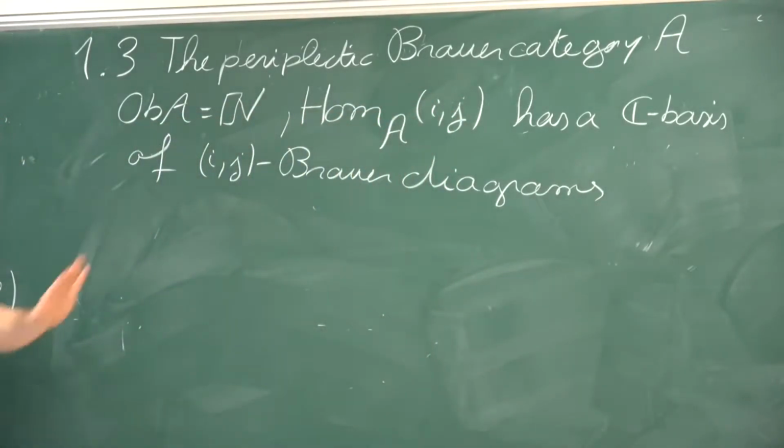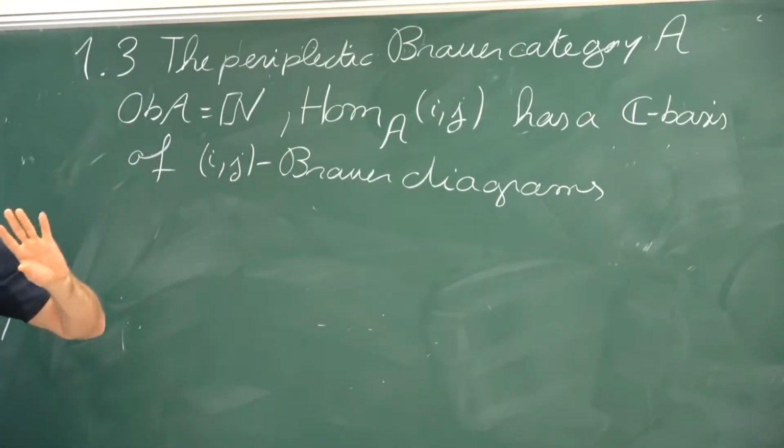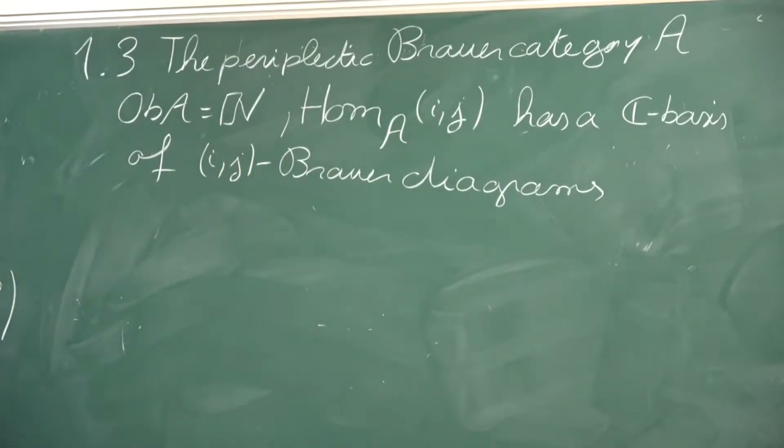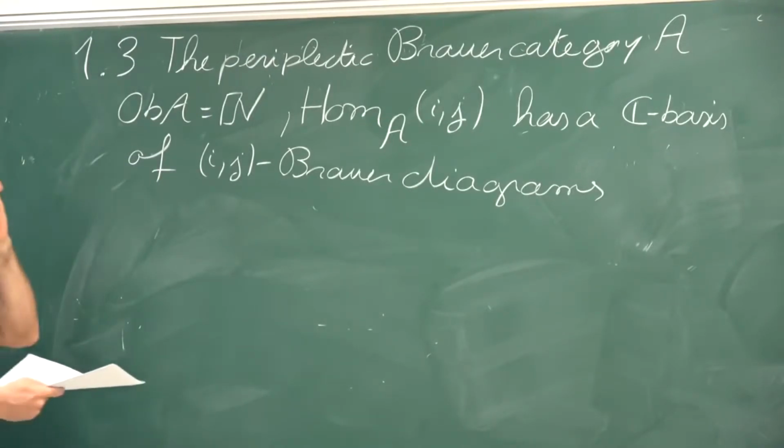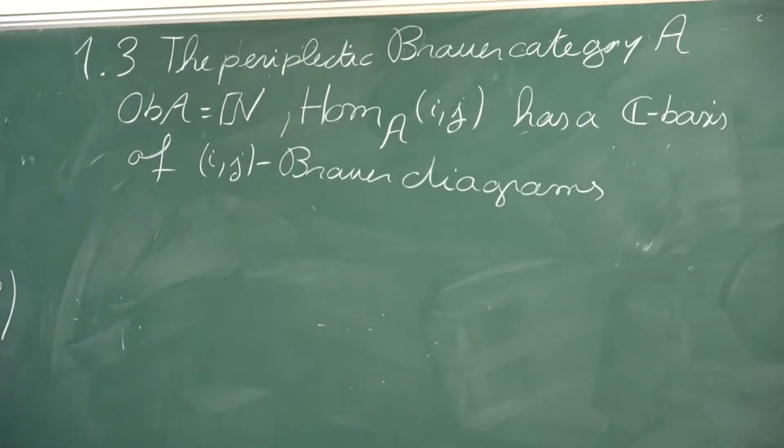Here I don't say super or paraplectic because these are actually just the ordinary Brauer diagrams. It is their composition which will be new, which will be different. But a priori the spaces are the same as they would be in the classical case for OSP or the orthogonal group or something.